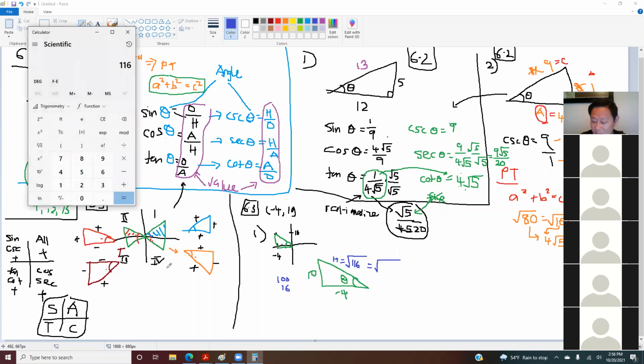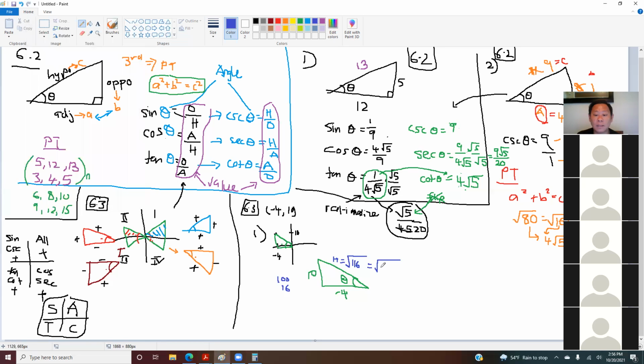Can 116 be divided by 16? Nope. 116 divided by 4? Yes. So this is 4 times 29, which is the same as 2 square root of 29. So your hypotenuse in this case is 2 root 29. And this is your opposite. And this is your adjacent.